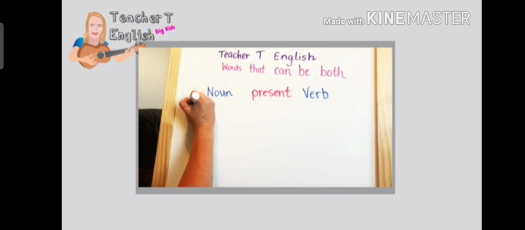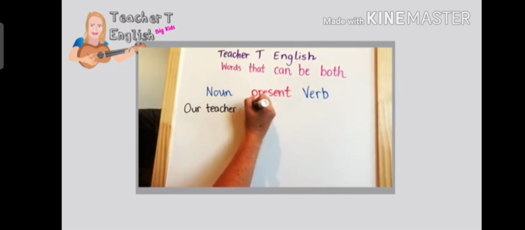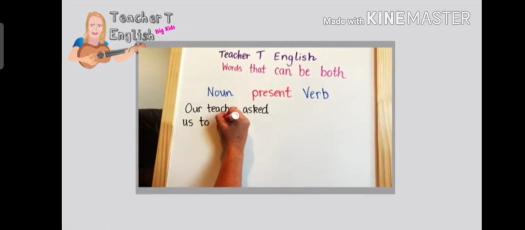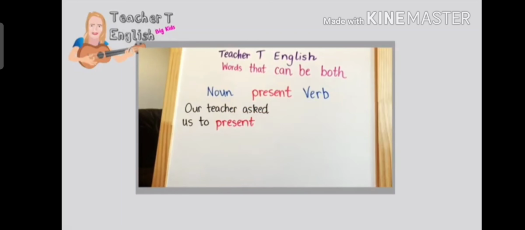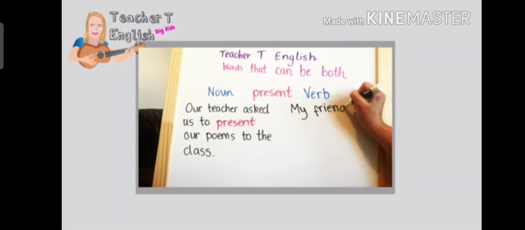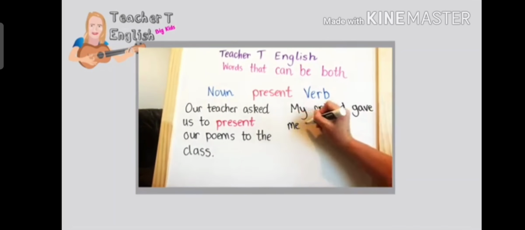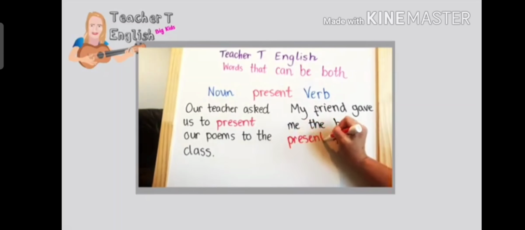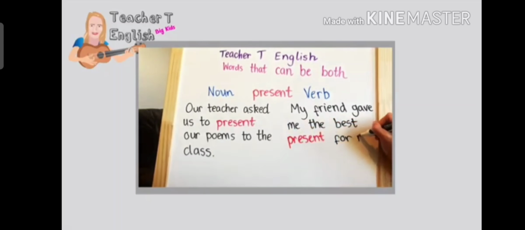Here we will consider one other example, that is present. So here we have chosen the word present. Now with the help of this word present, we will frame sentences. So here you can see two different sentences.